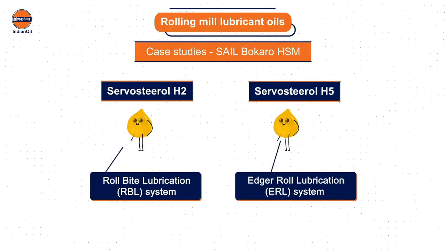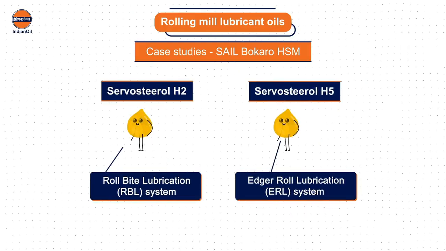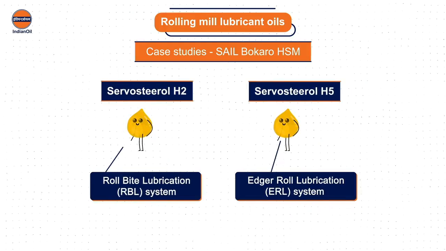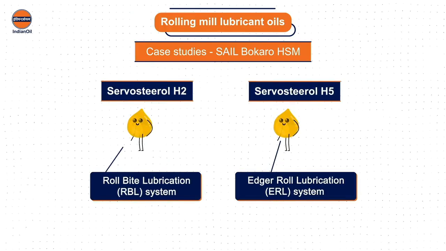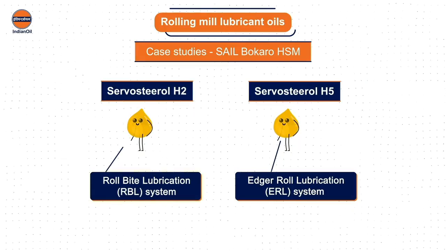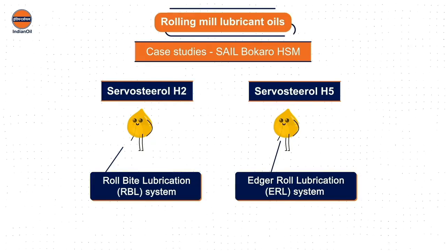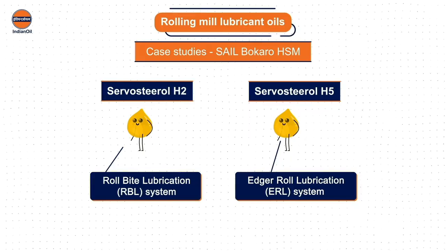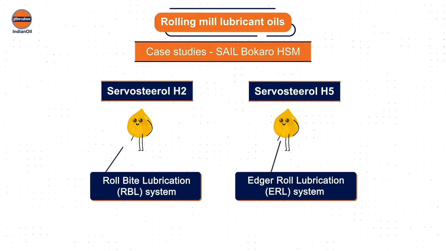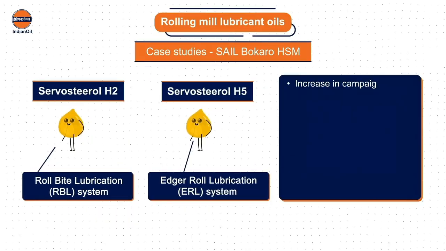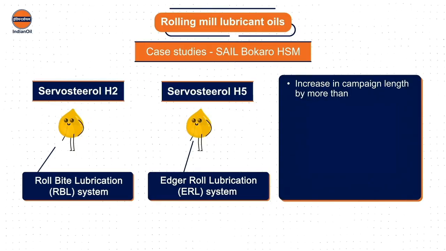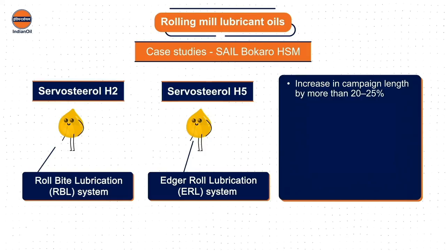Overall, the use of RBL and ERL in the SAIL Bokaro HSM using Servosterol H2 and Servosterol H5 contributed to all of these factors. Increase in campaign length by more than 20 to 25%.